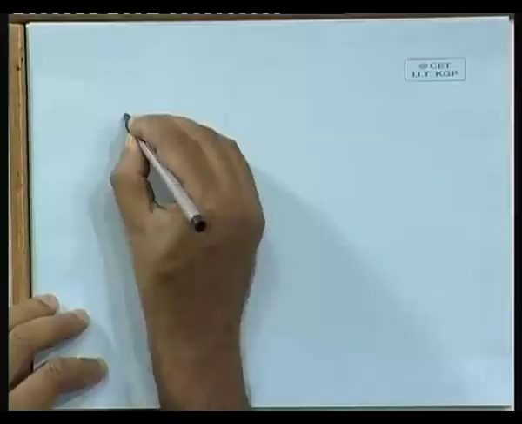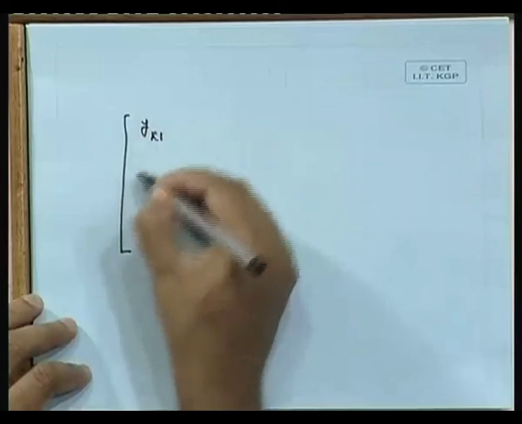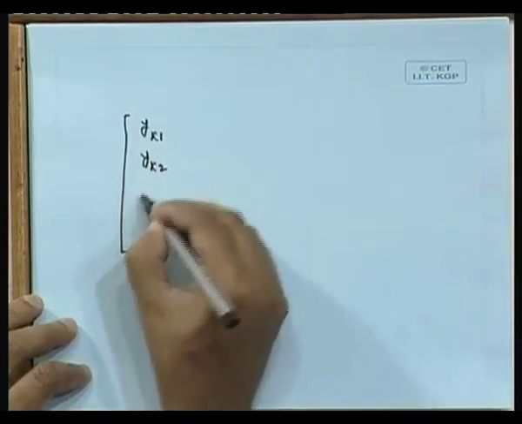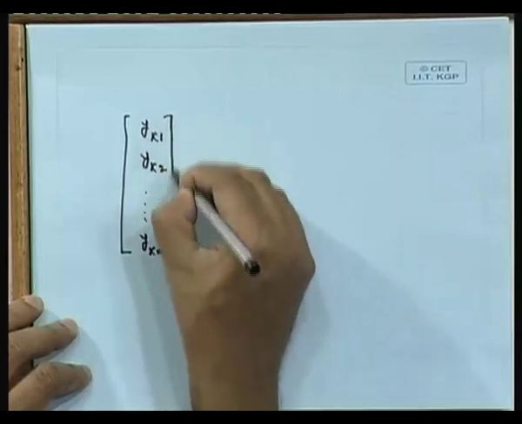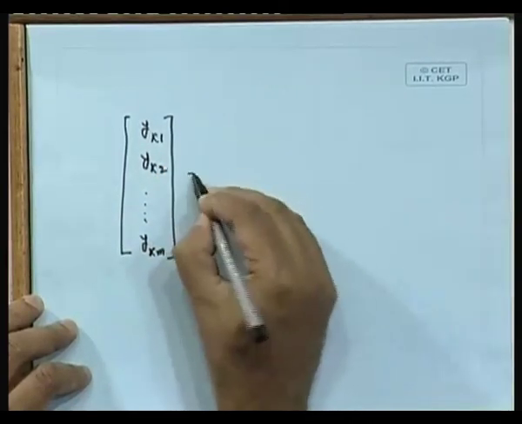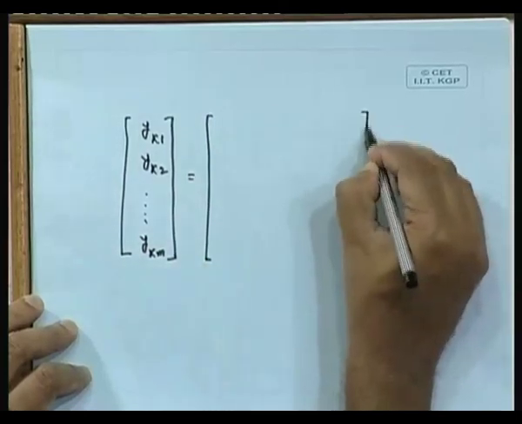Then I will get the vector of the output y as follows. We will have the y vector represented as yk1, yk2 up to ykm, and that will be equal to something.